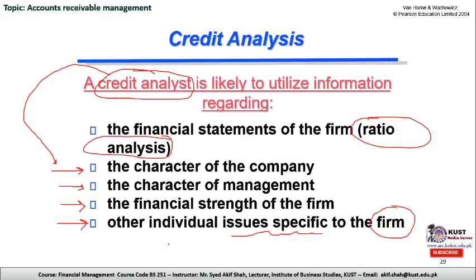However, if there are no such issues in the company, then our credit analyst will give a green signal to accept his credit application and to sanction the credit sales to that specific firm.